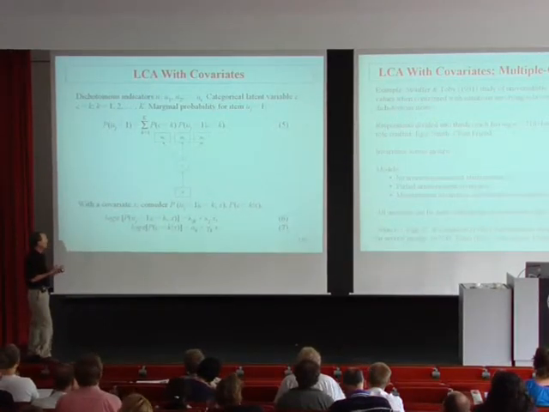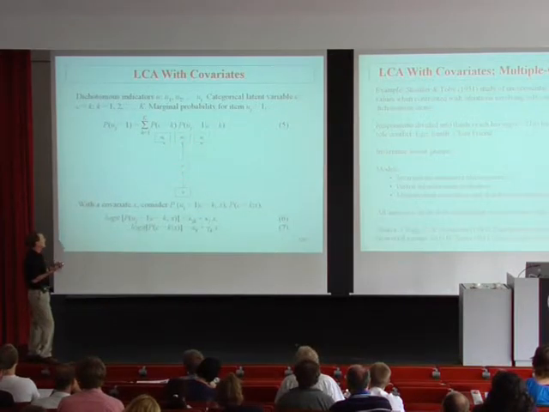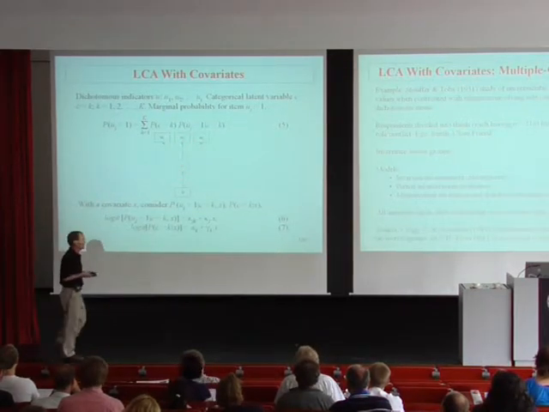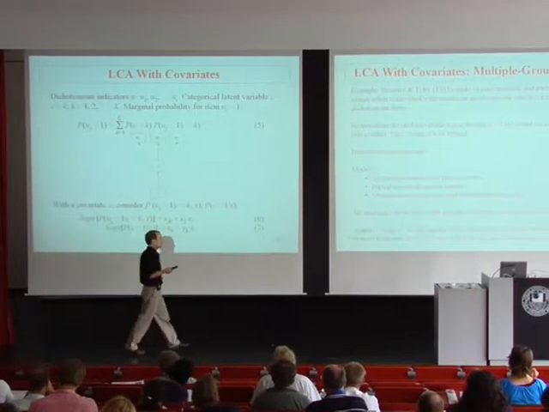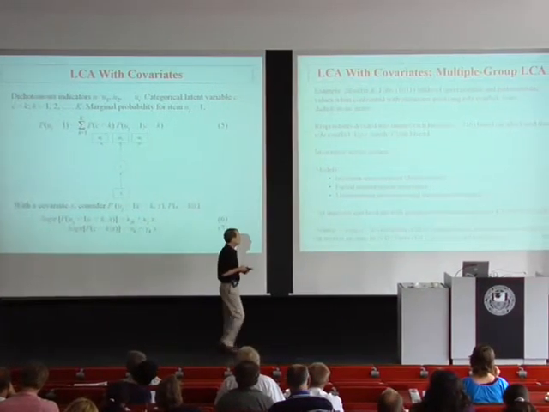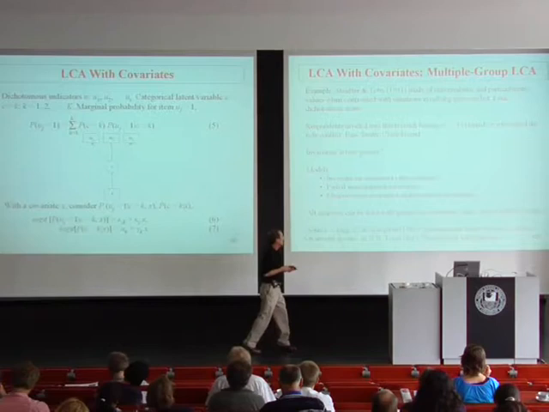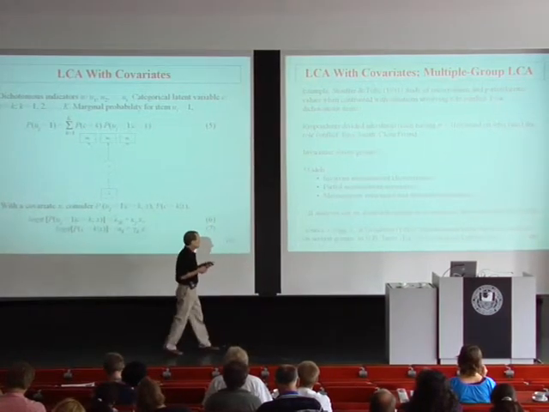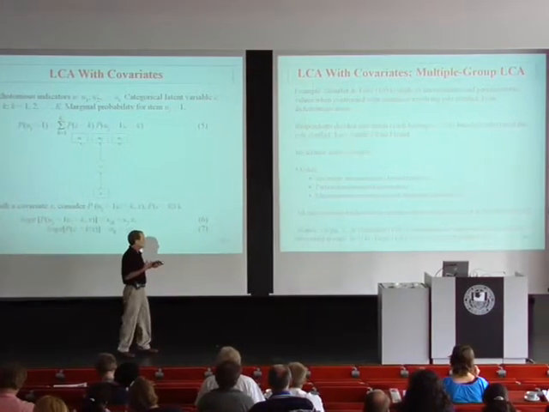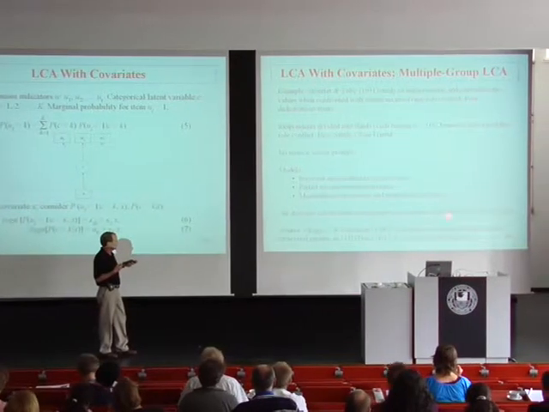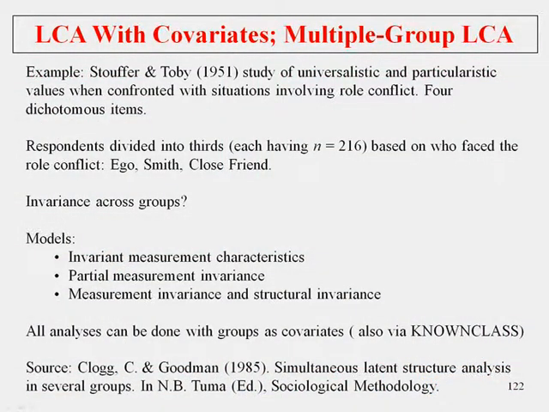So with categorical variables on the response side and categorical latent variables, there's no difference between multiple group analysis and MIMIC or covariate approaches. However, in Mplus, you could also do multiple group analysis by using the so-called known class option, where the class membership, we talked about latent classes as corresponding directly to having several subpopulations.